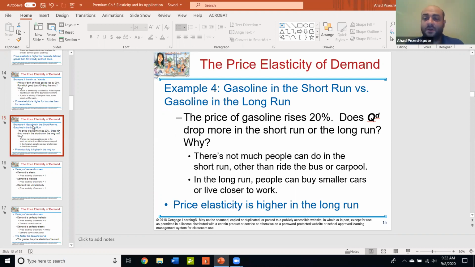So investors invest in scientific projects, and these scientists come up with new technology like fracking or new technologies for producing renewable energy sources. And then you use these to be able to create some substitute for this crazy expensive oil so that people can actually survive. In the long run, price elasticity is much higher.